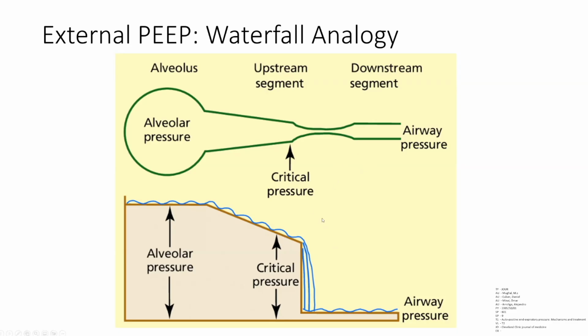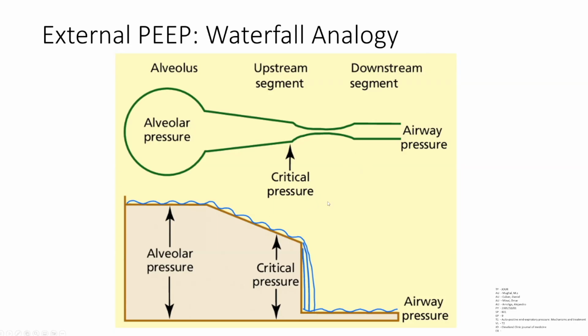The magnitude of the drop in pressure in the airway experienced at this choke point is analogous to the height of a waterfall, and the height of that waterfall can be quantified by measuring your auto-PEEP.